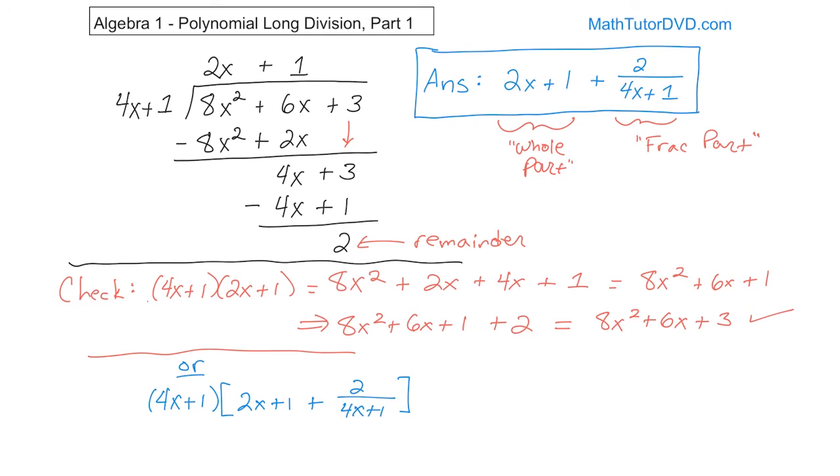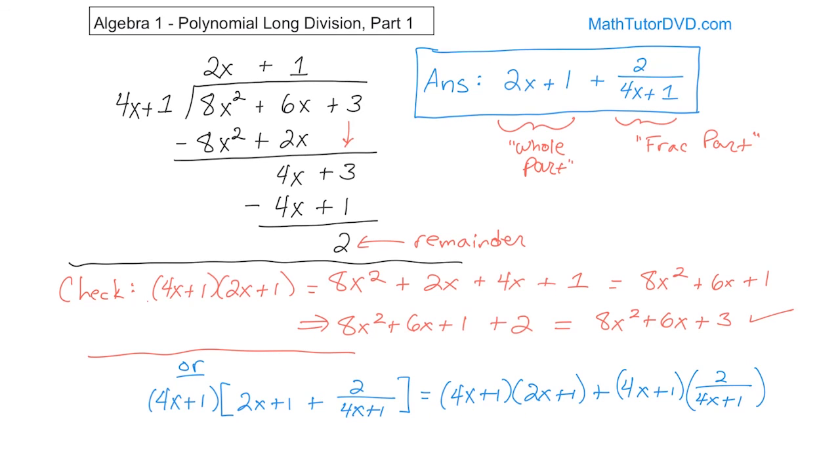So let's go ahead and write everything down. The way you could write this is 4x plus 1 times 2x plus 1, plus 4x plus 1 times that fractional part, 2 over 4x plus 1. All I've done is take this 4x plus 1 and multiply it by this term, and then multiply it by the fractional part.